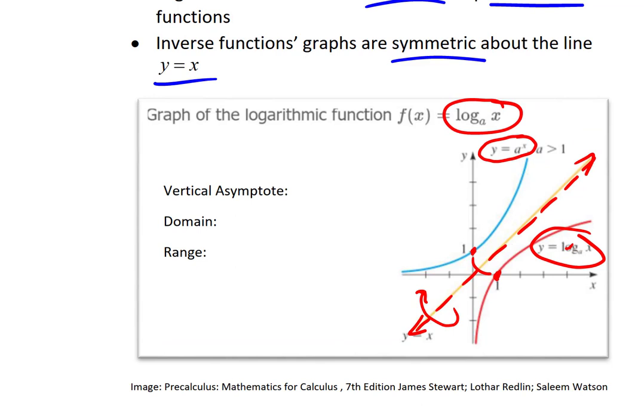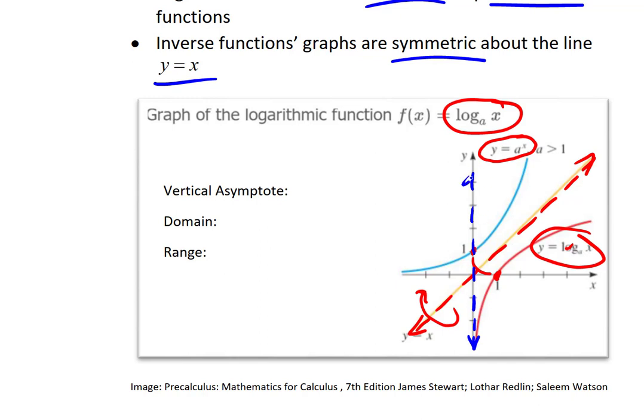Now with logarithmic graphs, along with all the things that come with being inverses of exponentials, we're going to find even more than just the symmetry, that the asymptote is different. As you may recall, with an exponential function, there was a horizontal asymptote right on the x-axis. Well, now, symmetrically, with a log graph, there is a vertical asymptote right on the y-axis.